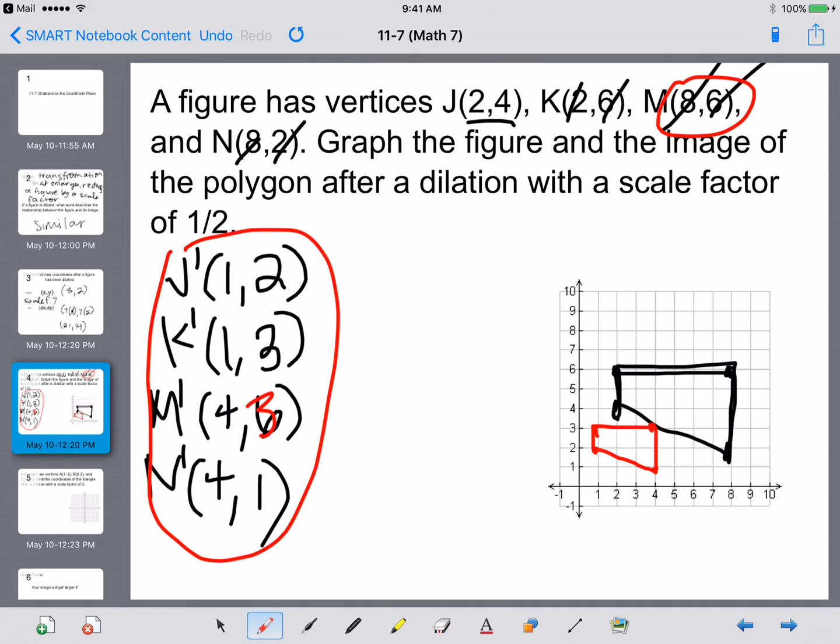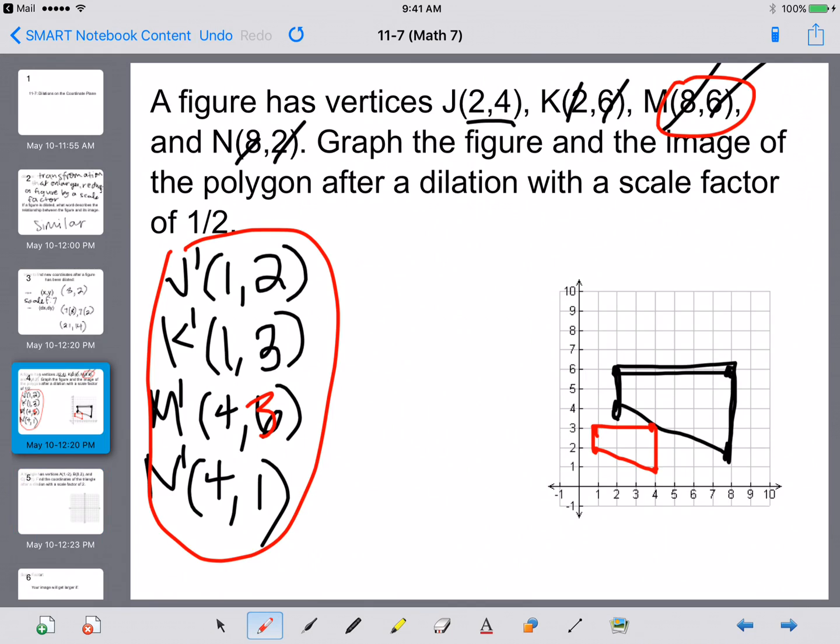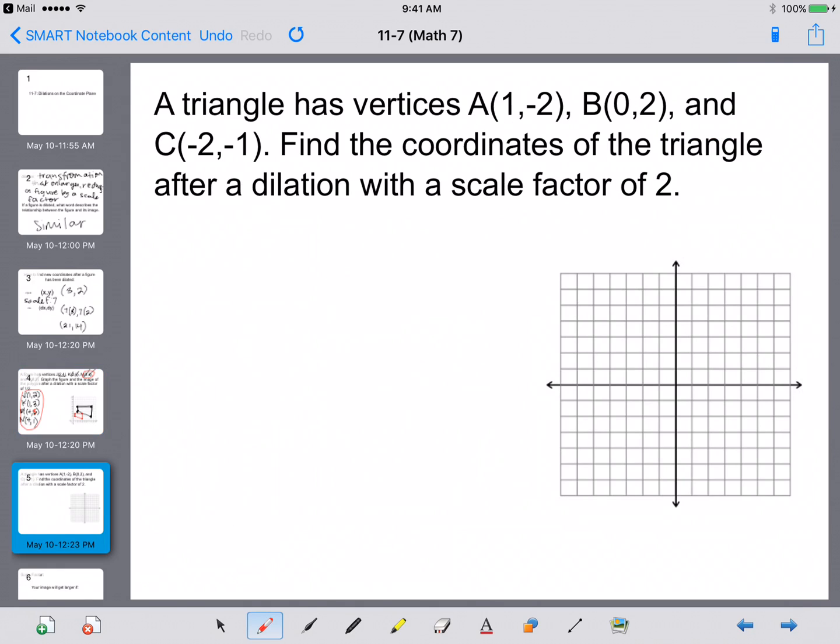Now we have a triangle with vertices 1, -2, 0, 2, and -2, -1. And find the coordinates of the triangle after a dilation with a scale factor of 2. So if over here in our scale factor of 1/2, our shape got smaller, what do we think is going to happen with our scale factor of 2?